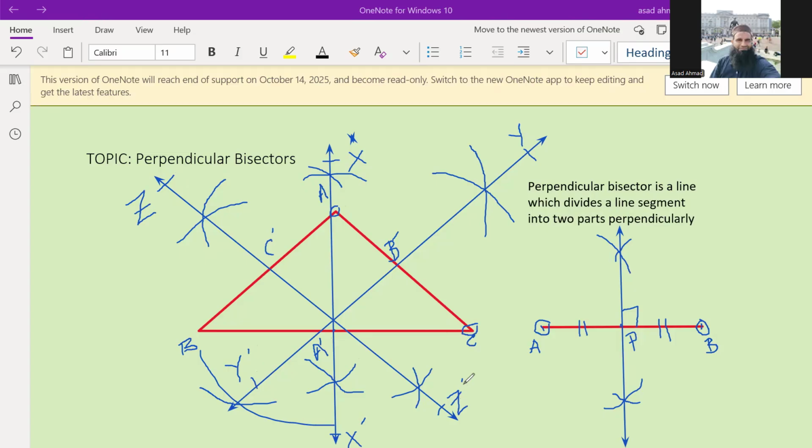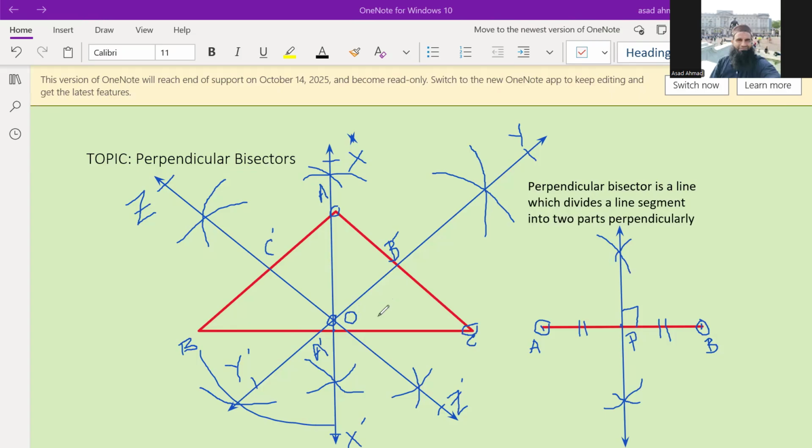Once these perpendicular bisectors are drawn, you have to notice that they must meet at one point. This meeting point is called the point of concurrency of perpendicular bisectors, and you can label it as point O, for example.